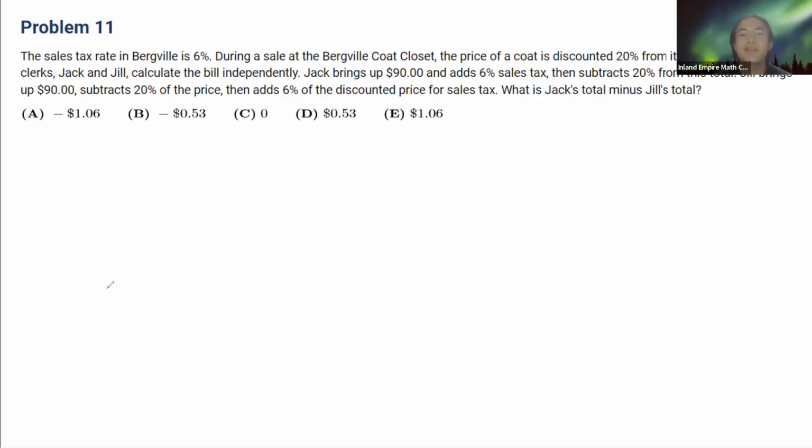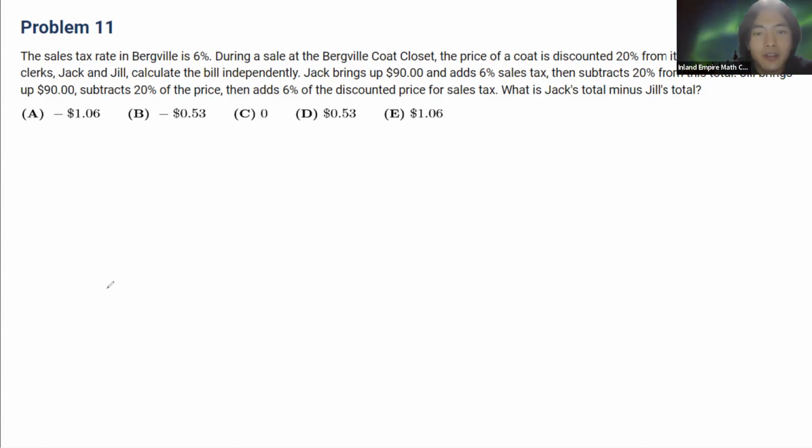But the way that this applies to this question is that when you add a sales tax or subtract from a discount, and basically when you multiply by a percentage, what you're really doing is multiplying by a decimal, right?